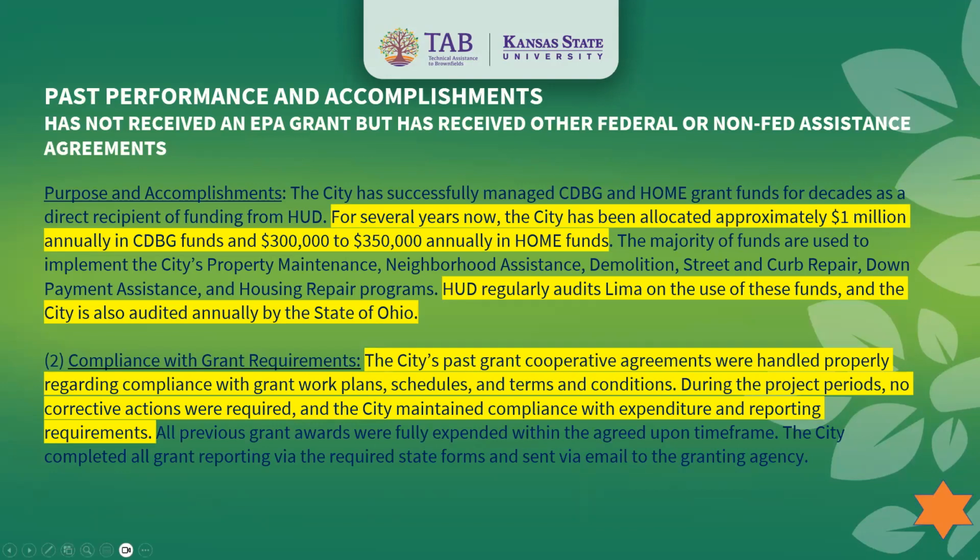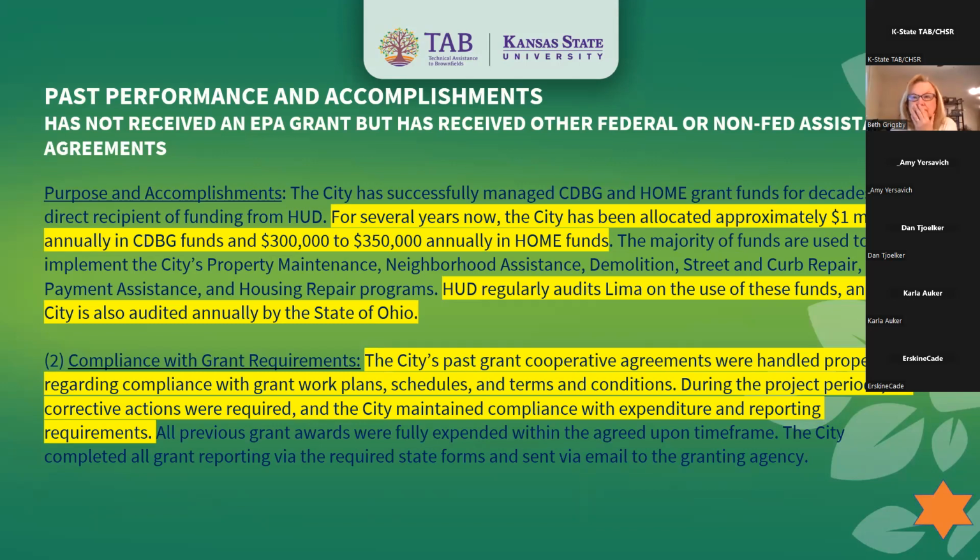And past performance. Again, I've got a couple of examples. One has not received an EPA grant, but has received other federal or non-federal assistance agreements. The point values given to these vary depending on whether you've had experience with a brownfield grant, whether you've had experience with other grants, whether you've had no experience.